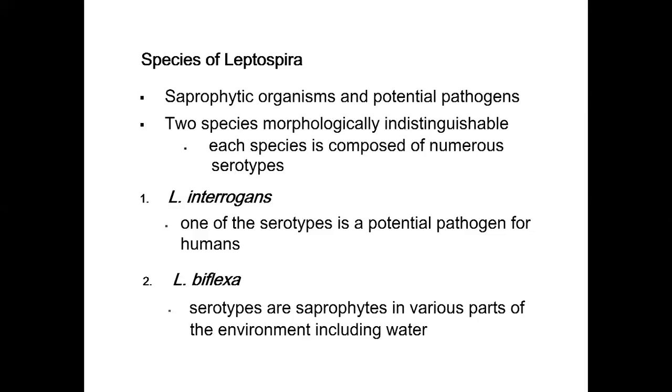And in this species, the serotypes are adapted to the saprophytic life. All of them are mainly saprophytes, and they're found in various parts of the environment, including water. But they are morphologically indistinguishable. So if one detects an organism, one needs to know which species it is. And if it is found to be Leptospira interrogans, one wants to know the serotype, because there's one serotype that is a potential human pathogen.